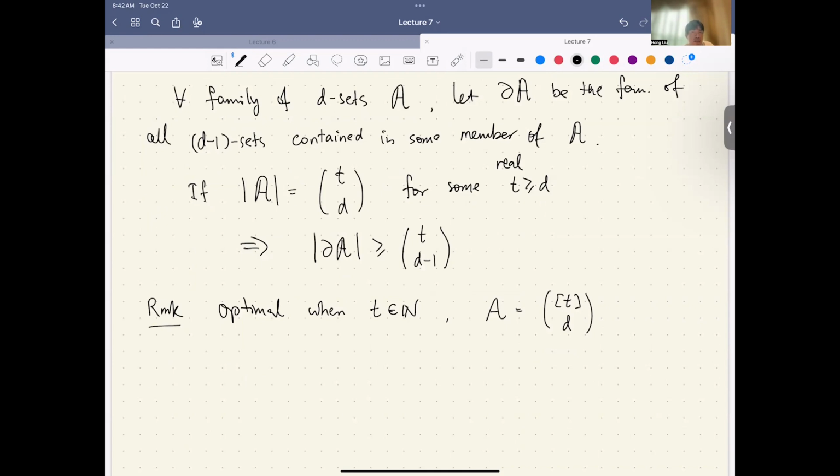We're going to sample a D set uniformly at random from this family A. Then the entropy of this random D set will be log of the size of A by maximality.